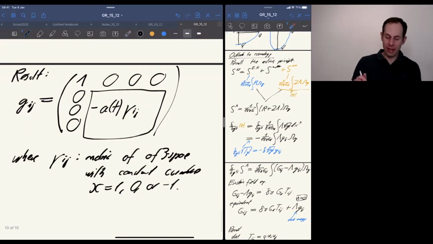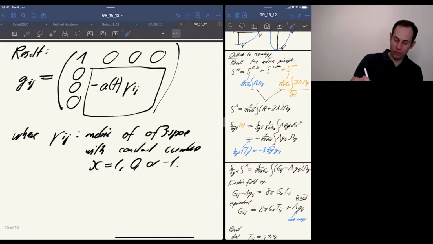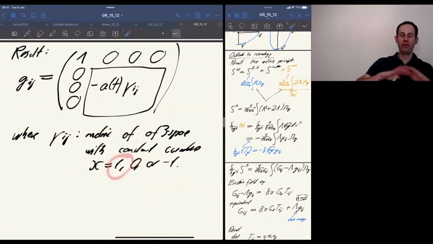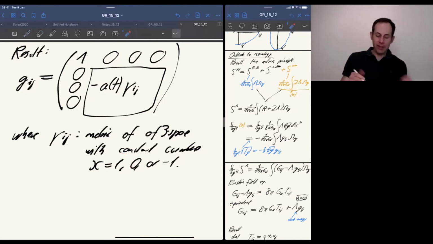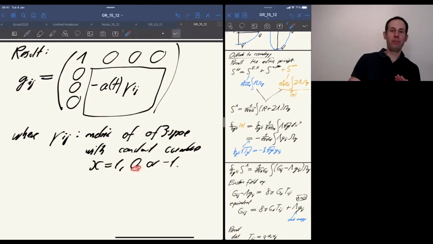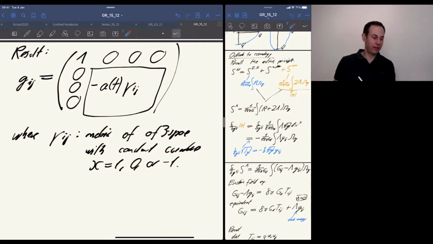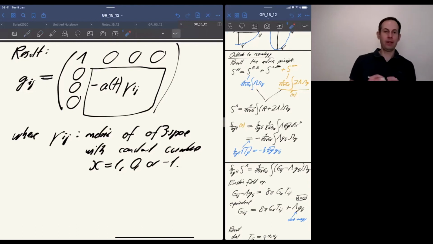So what does that mean? A space with constant curvature 1 is essentially just a sphere. A space with constant curvature 0 is just a plane. And a space with constant curvature -1 is essentially hyperbolic, consisting of saddle points everywhere. That's the way you can think of it.